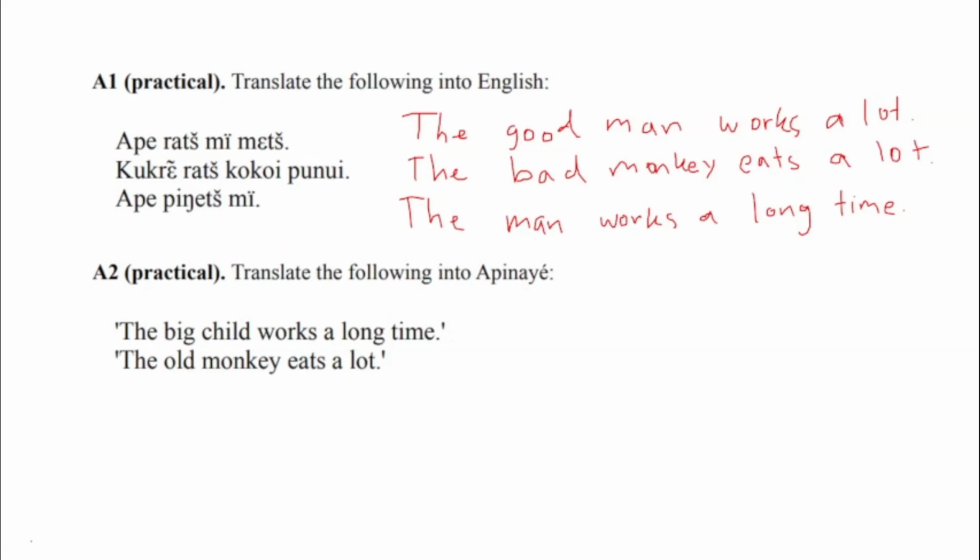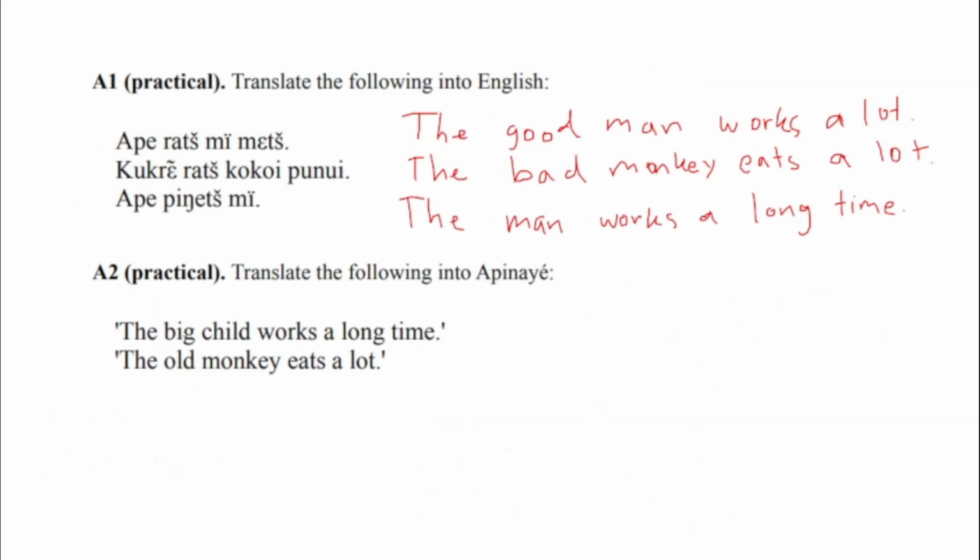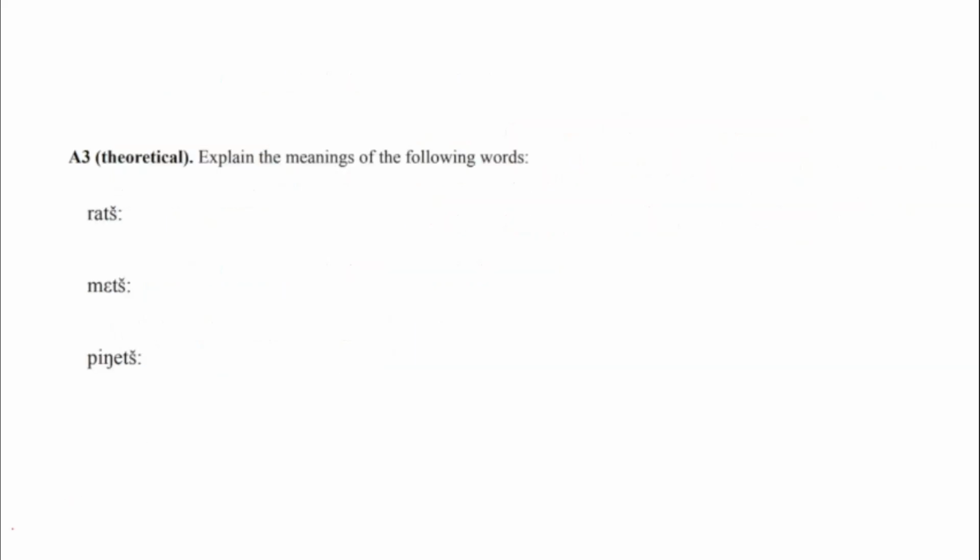So we know big, let's find big. Big is rach, child is kra, ape is works. And we know that the subject, or whatever word we're modifying, has to come before the adjective. So let's write out the big child. The big is rach, and child is, oh man, I forgot it, hold on.